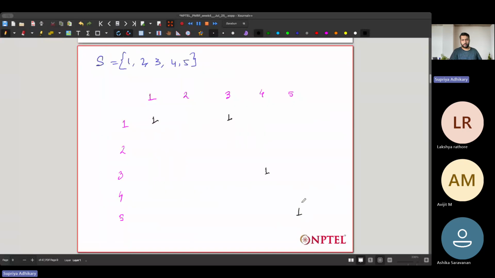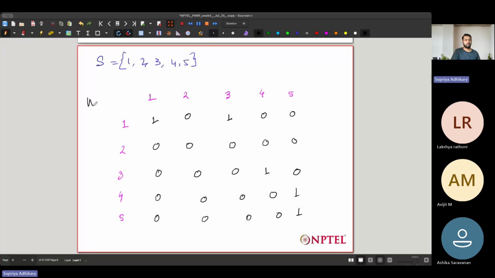And (4,5) is 1. And the rest of them should be 0. So this is the given matrix. This is considered as our W0.